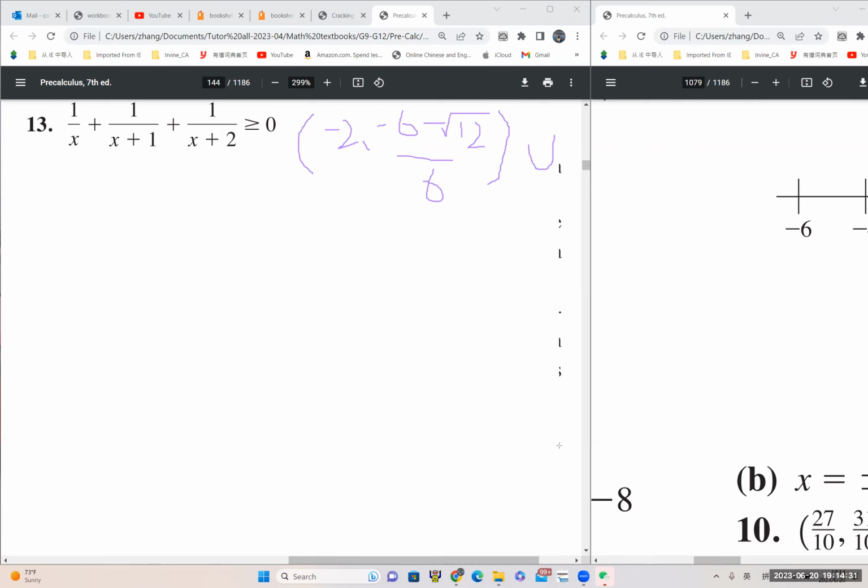Oh, this is one interval. So it's kind of a complicated solution, right?